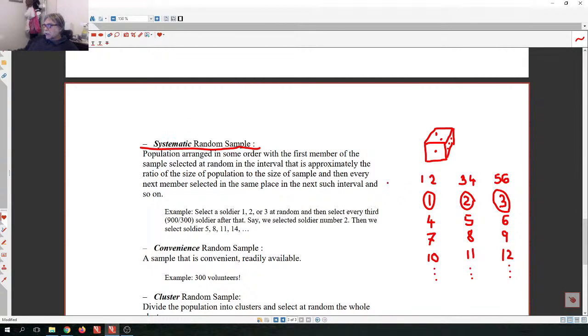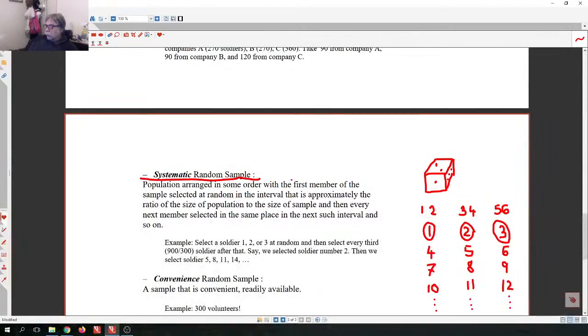Systematic random sample is you select somebody in the beginning of the population, if you have some kind of sorted population, and then after that proportionally you take, in case you're taking a third of the population, every third, in case you're taking a tenth of the population, every tenth, and so on. And you will always end up with what you wanted, but it isn't going to be a simple random sample. It is what we call a systematic random sample.